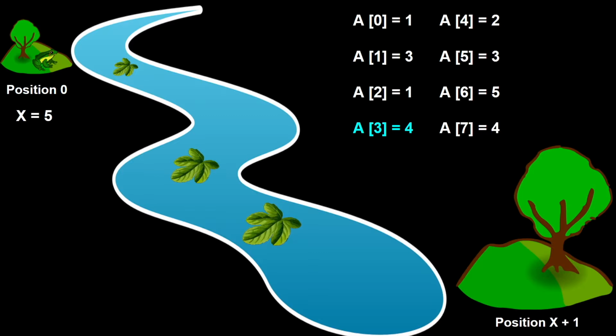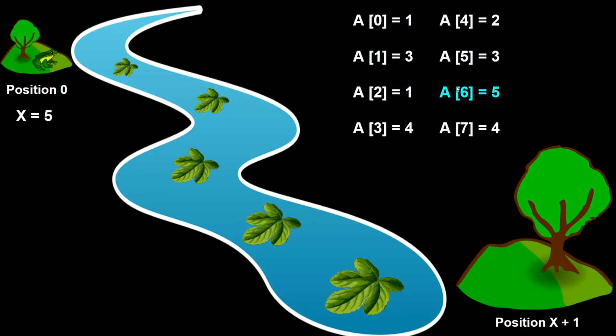At time 3, another leaf falls in position 4. At time 4, a leaf falls in position 2. At time 5, a leaf falls in position 3. And then finally at time 6, a leaf falls in position 5.